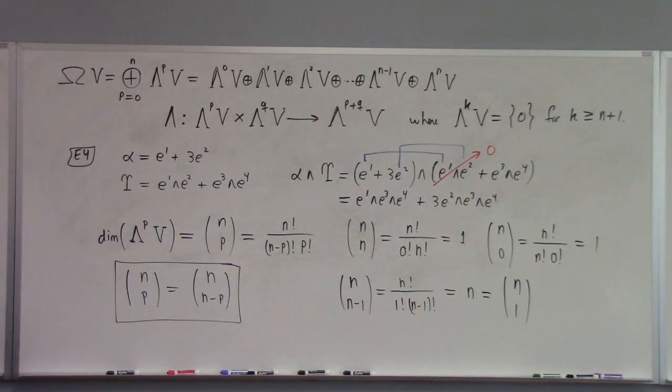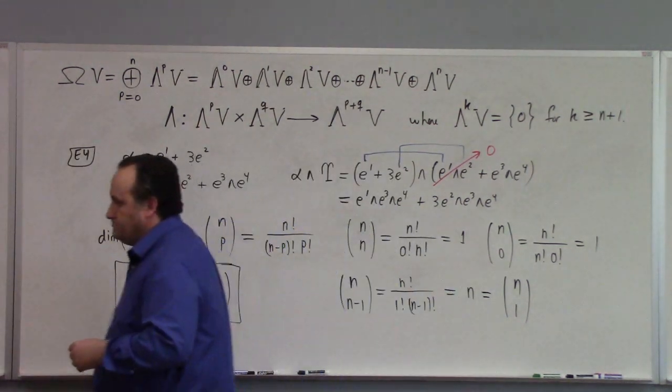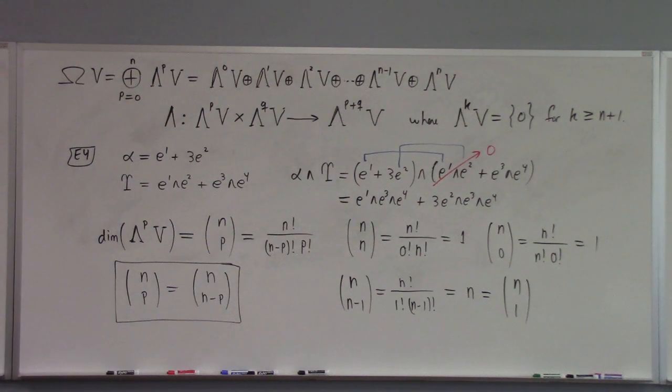Hodge duality is the isomorphism between p and n minus p forms, and typically, as I understand it, it has to be done in the presence of a metric. So, Hodge duality: p-forms over V isomorphic to n minus p forms over V.